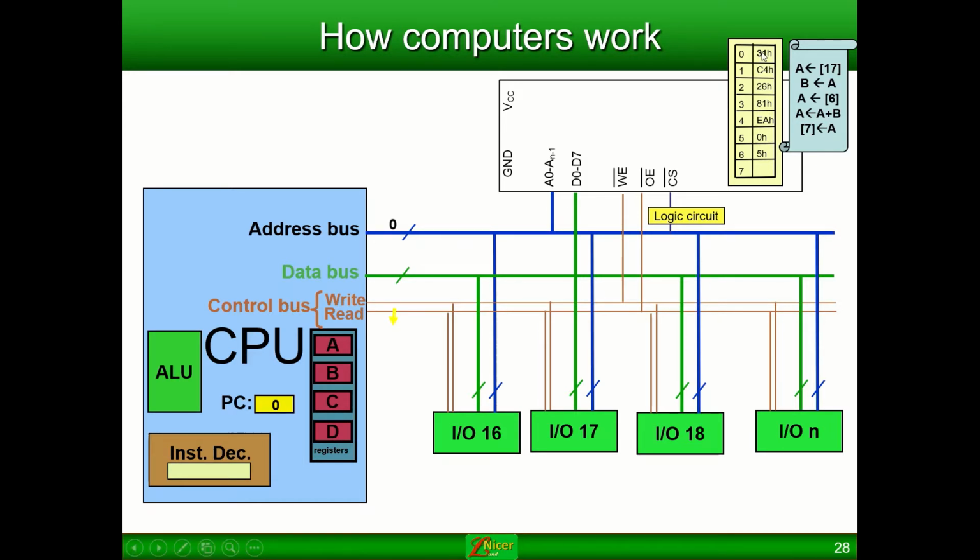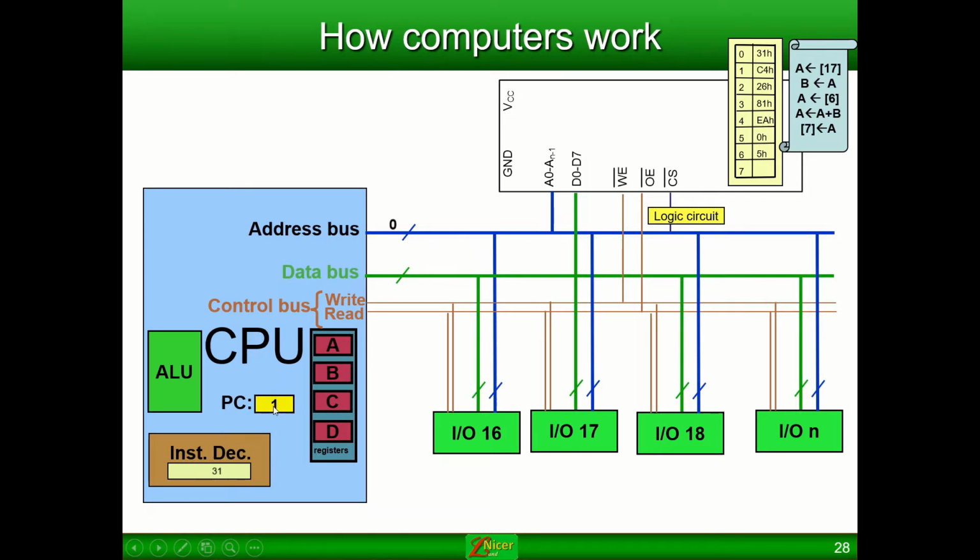The 0th location will be accessed now, and we can see that 31H will be given to the instruction decoder using the data bus. Now the instruction decoder will decode this, and it means we have to store the data at the 17th pin, the 17th IO, to the register A.